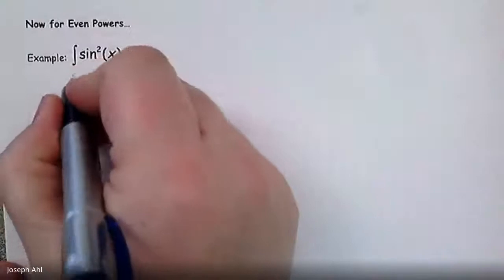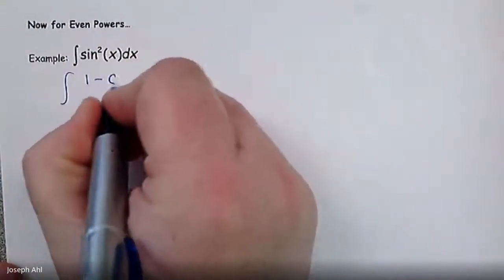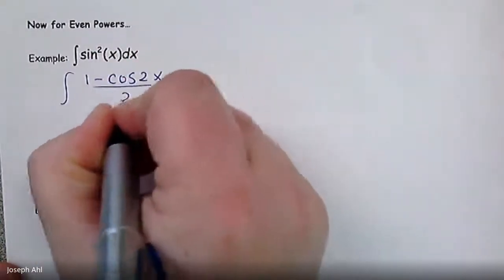If we look at, for example, sine squared, what we just saw for sine squared is using a double angle substitution. We know that this is the same thing as 1 minus cos 2x over 2. So then from there, we could break it up to 1/2 minus cos 2x over 2.